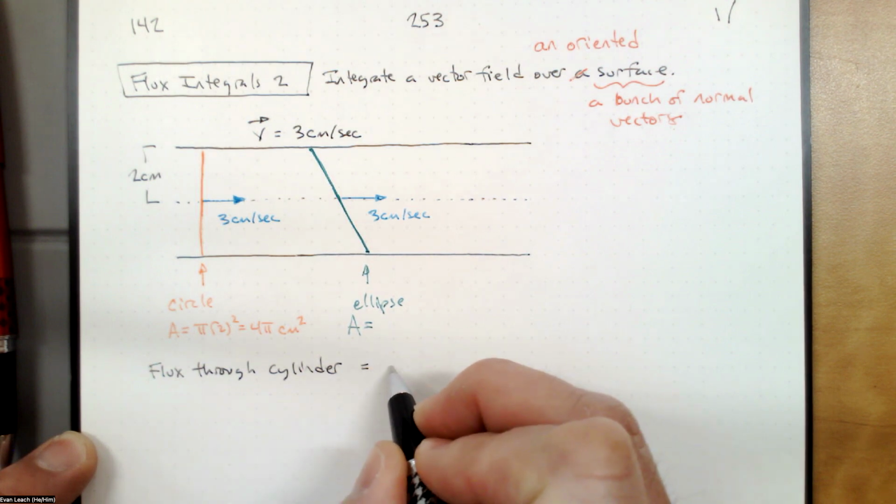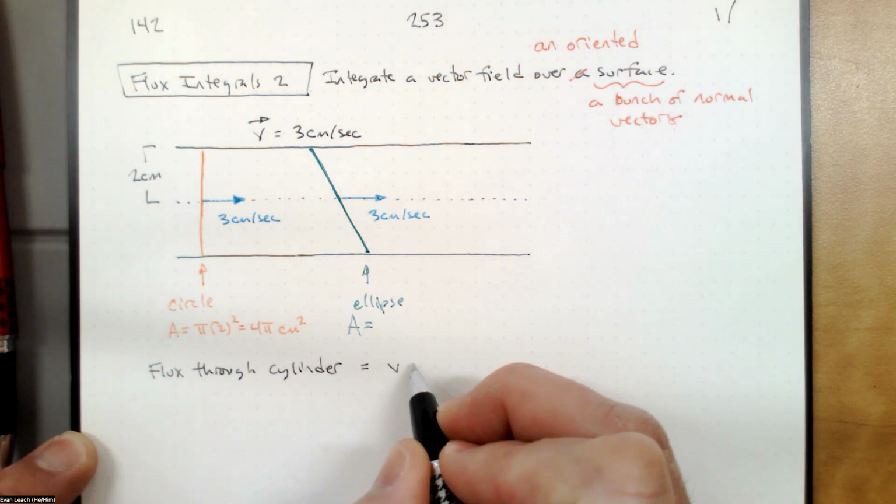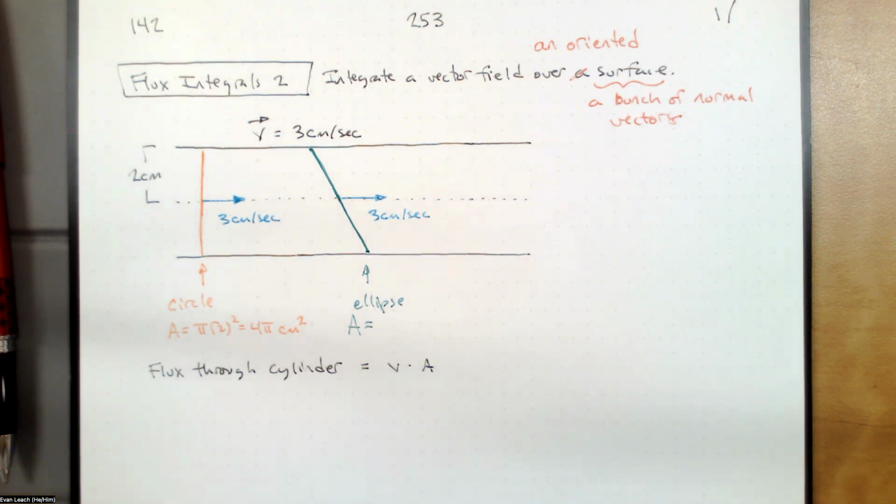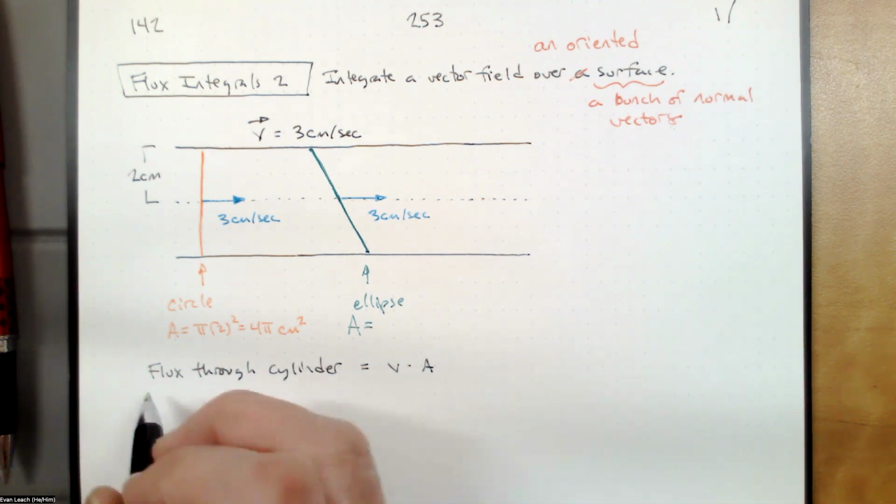we'll just take the velocity and multiply by the area. The velocity in centimeters per second, the area in square centimeters. That'll give us the volume of water flowing through the cylinder per second, the flux.